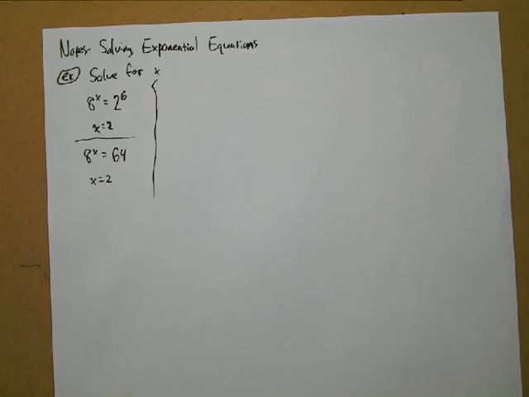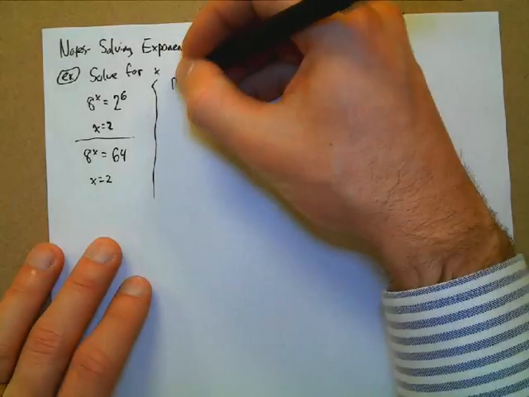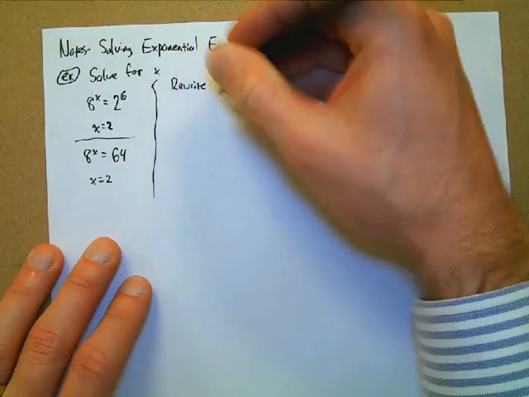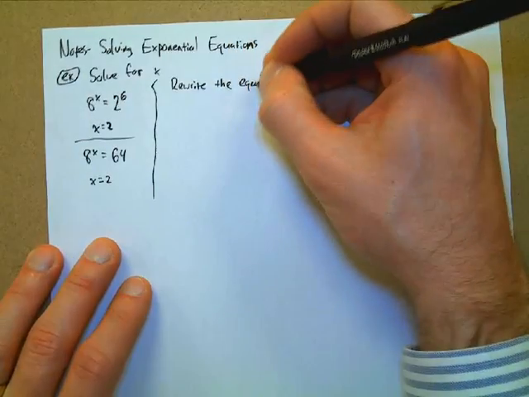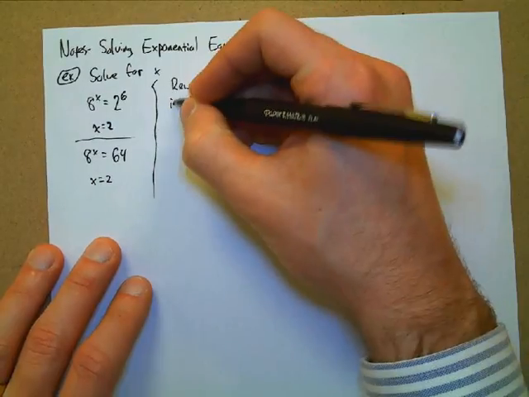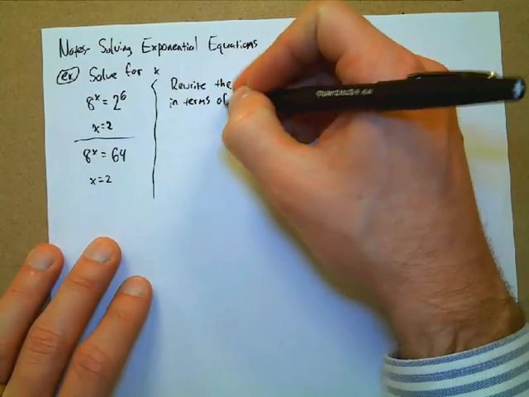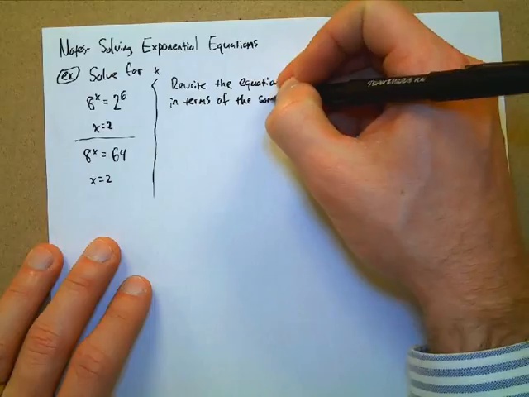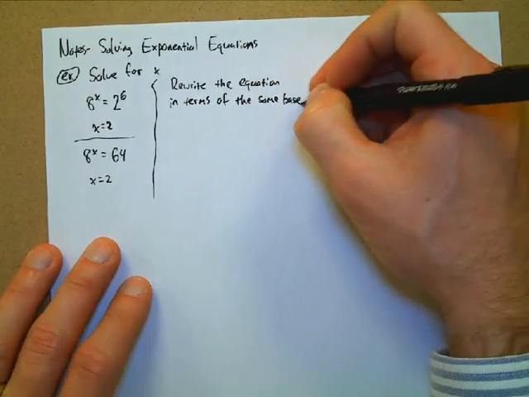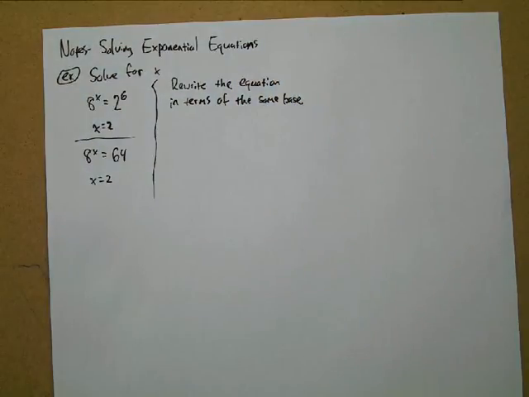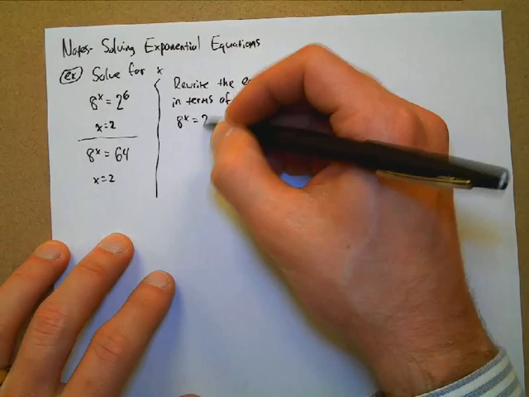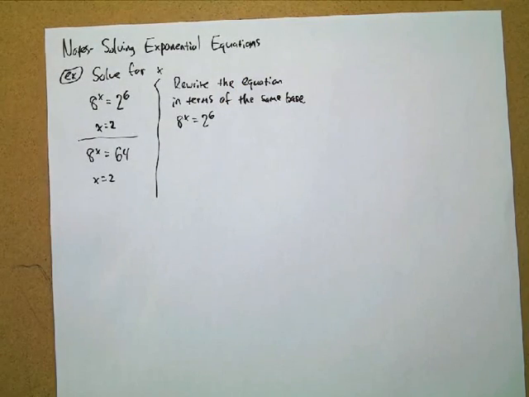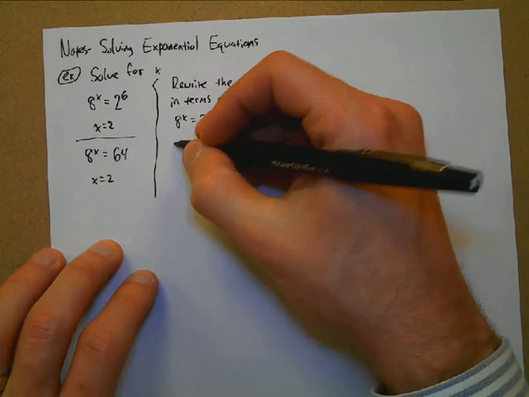And then one other strategy we can use here. We've already been kind of using this, but here we're officially going over it, is to rewrite the equation in terms of the same base. So in other words, that's like taking that 8 to the x and the 2 to the 6th. Okay, starting again there. Right, 8 we know is 2 to the 3rd. So you can rewrite that 8 as 2 to the 3rd, to the x, equals 2 to the 6th.